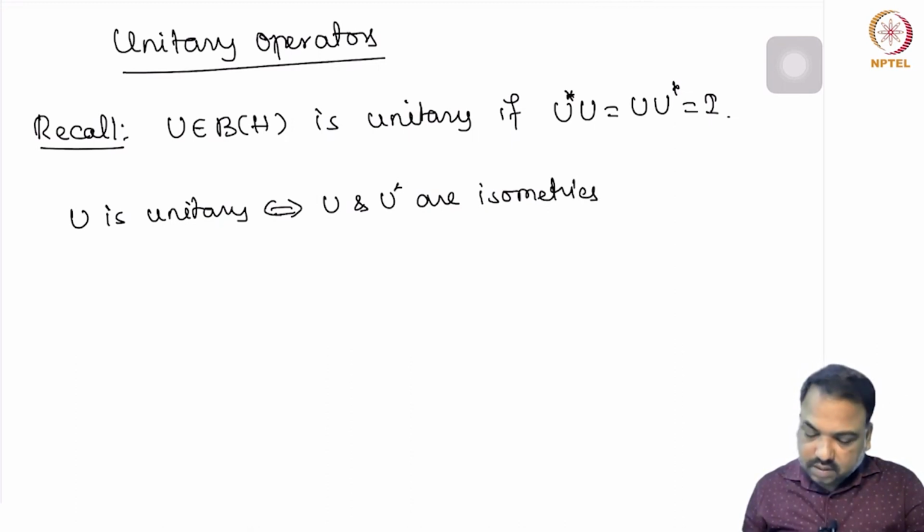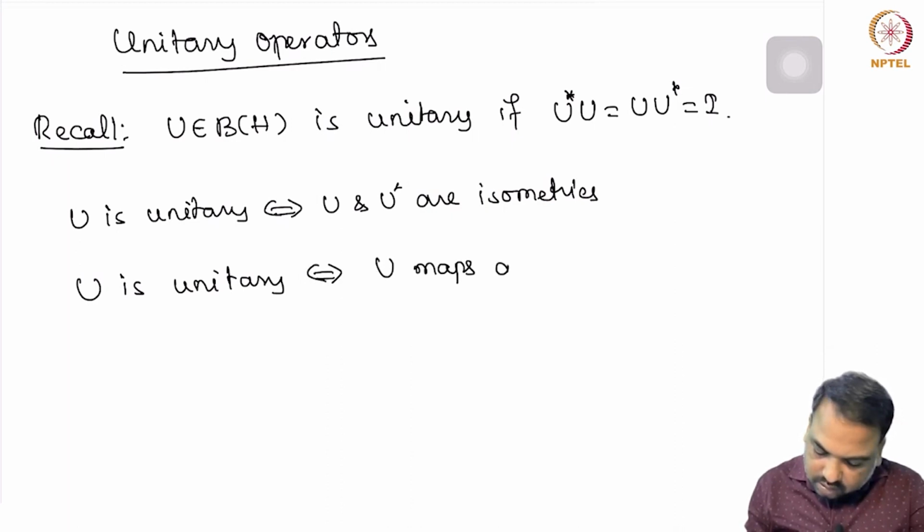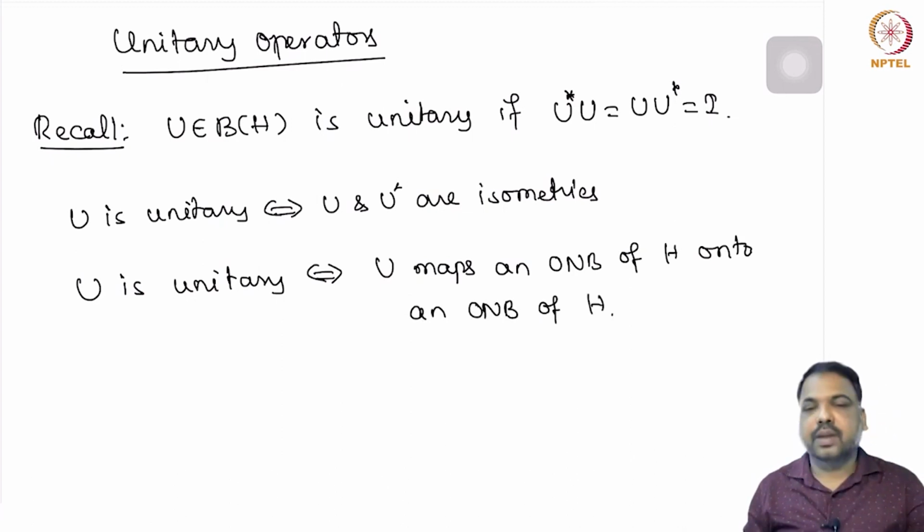And we can also say that in terms of orthonormal basis, when T is an isometry, it sends an orthonormal basis of H into an orthonormal basis of range of T. But here, when you look at the condition U U star is identity, from that we can say that U is onto. So in this case U is unitary if and only if U maps an orthonormal basis of H onto an orthonormal basis of H, because it is onto.